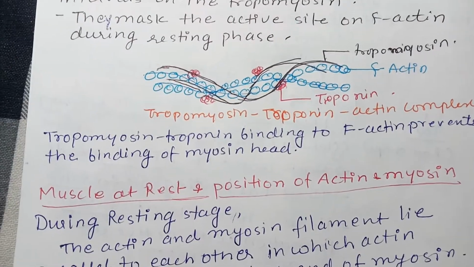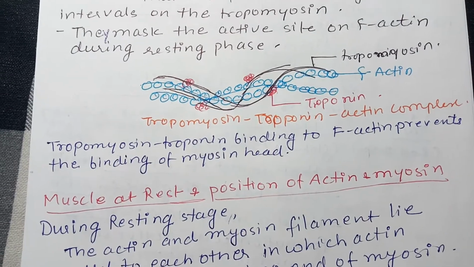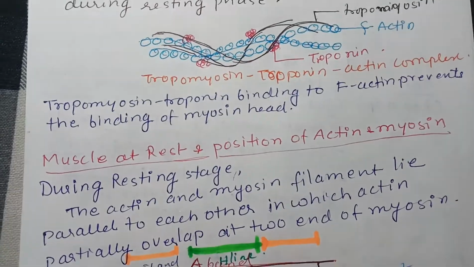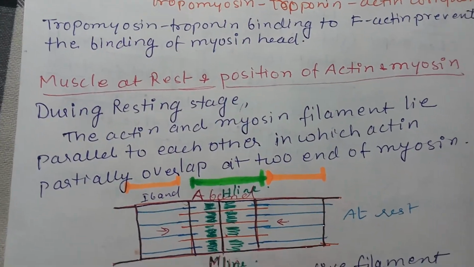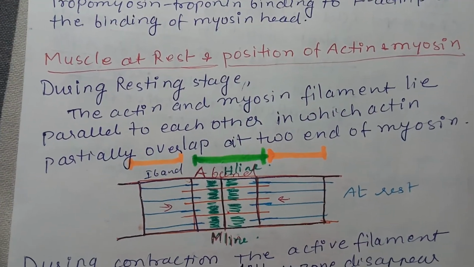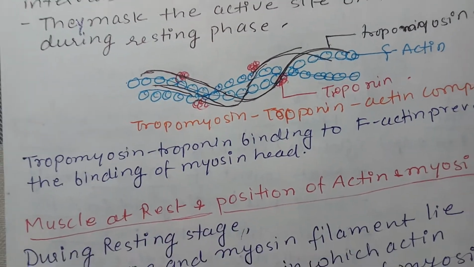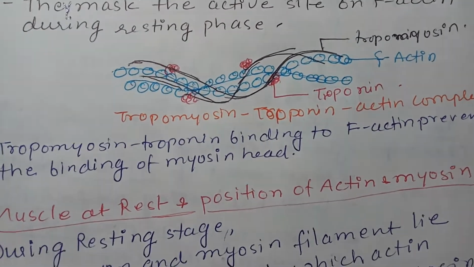Now let's look at the muscle at rest and the position of actin and myosin. Again come back to the dark and light bands, how they are located and where these proteins are located. This complex is located in the I band, whereas the meromyosin is located in the dark band.